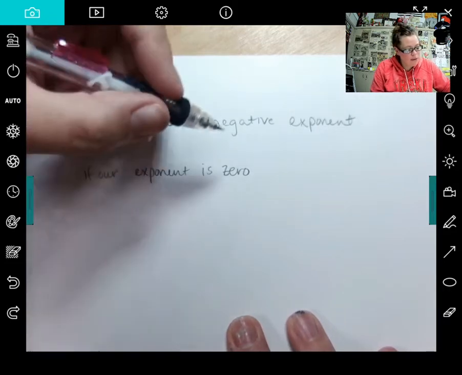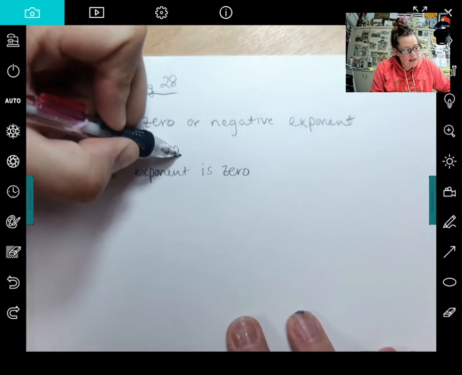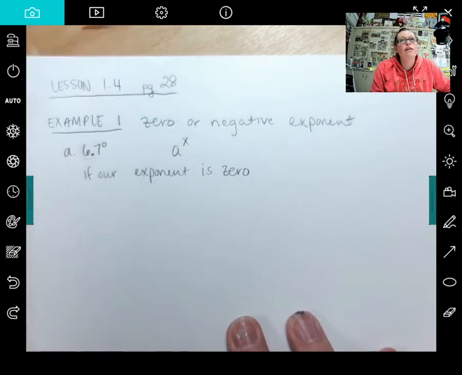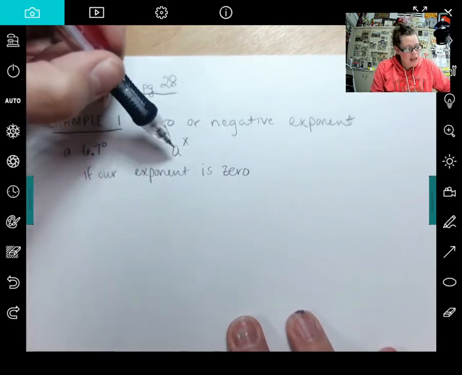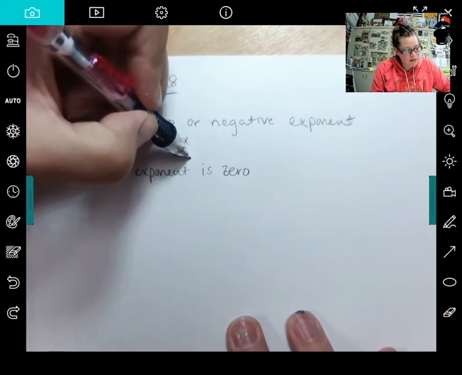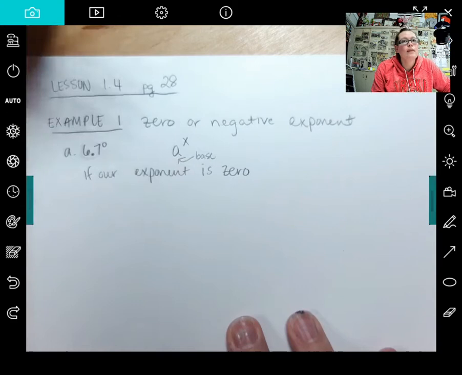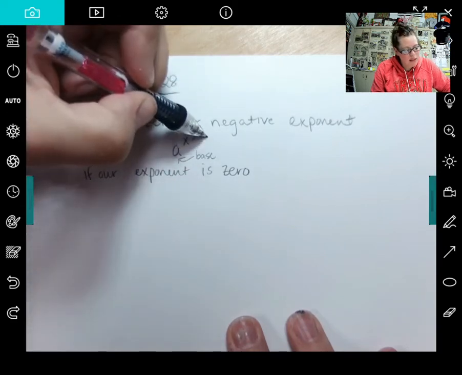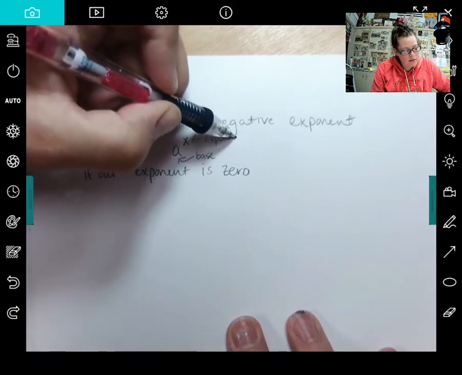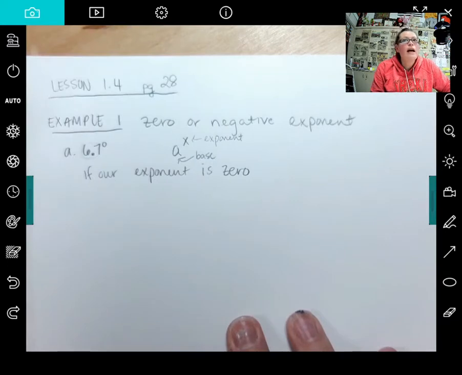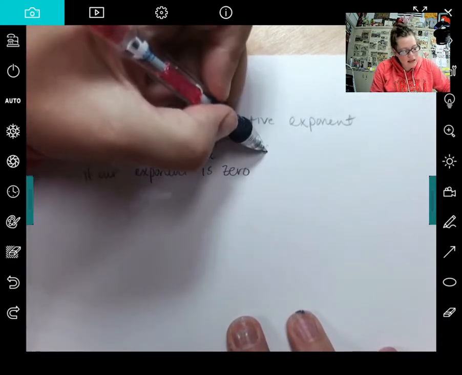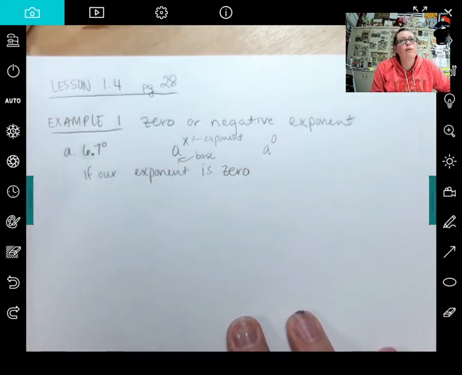So, for instance, say we had a to the x power. a is called our base. X, of course, is the exponent. If we have any number to the 0th power, our answer is 1.